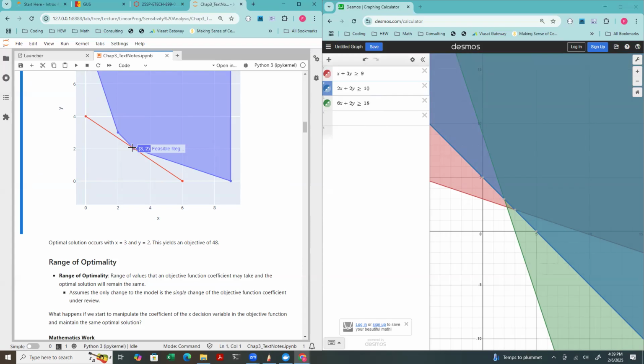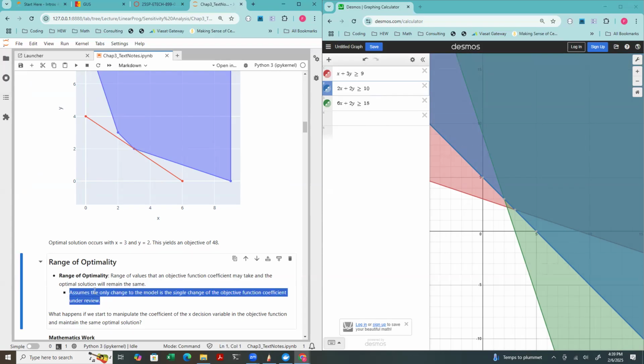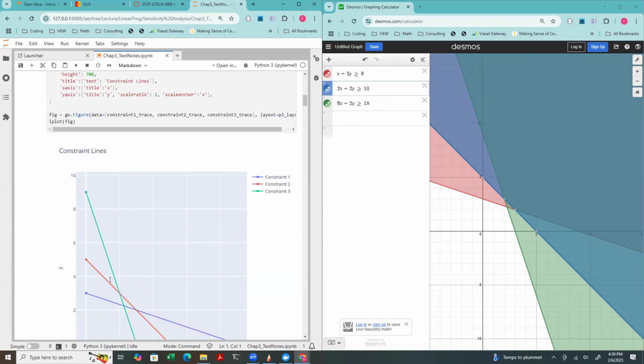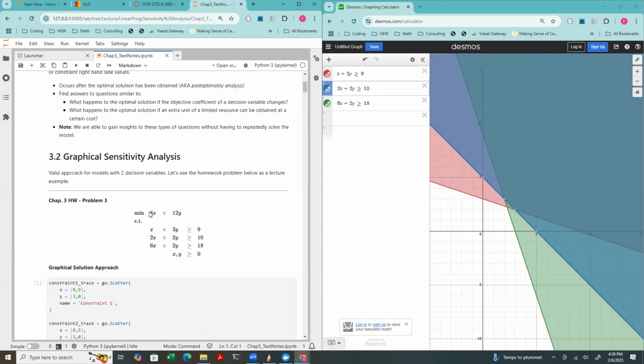One of the things I need to express, and I'll probably express it multiple times throughout the evening, is that when we're talking about these types of changes, we're only allowed one change per model. If I'm doing a range of optimality study, there are two different coefficients here, 8 and 12.